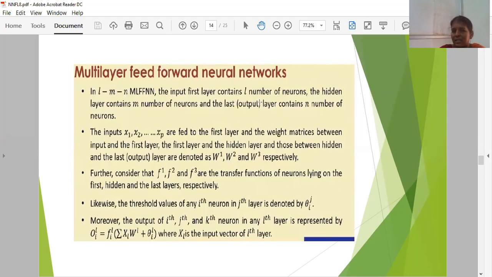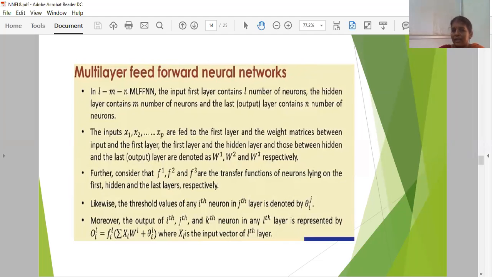So you need to consider three layers: input layer, hidden layer, and last layer. So you have three weight matrices to be considered, and again for each you consider three transfer functions pertaining to the first layer, hidden layer, and last layer respectively.